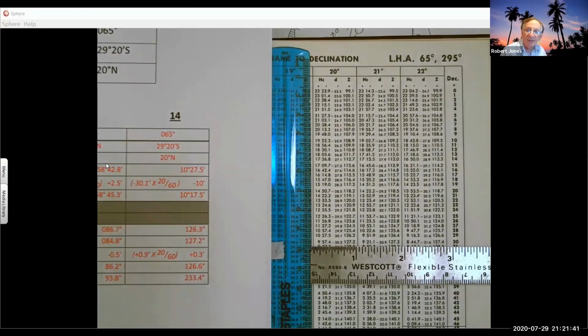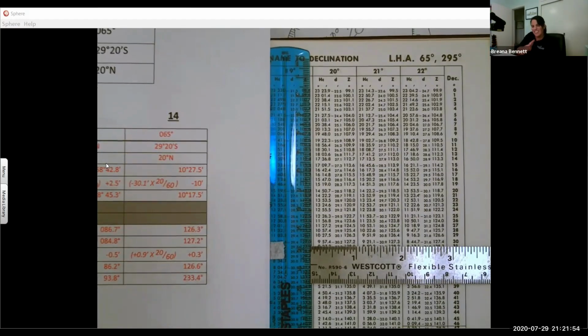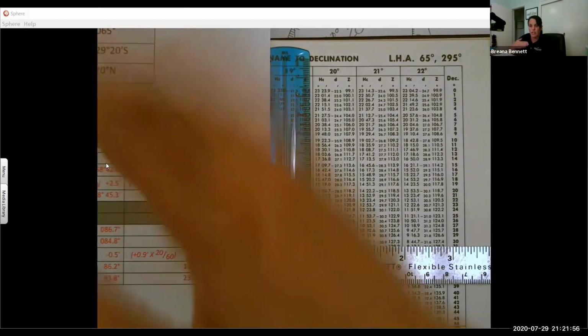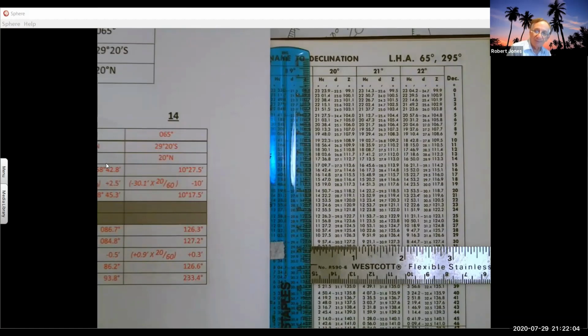If it's completely not, then maybe you're on the wrong LHA. Time to go back and look at some more, just so you don't have to redo the whole thing from the start. So I would have been off by 20 degrees, so that would have been the big indicator there. Yes, got it, okay. Makes sense.